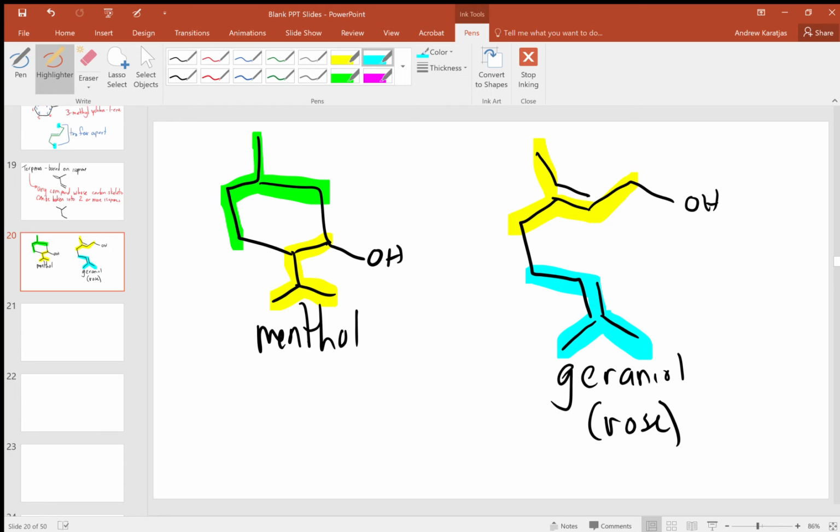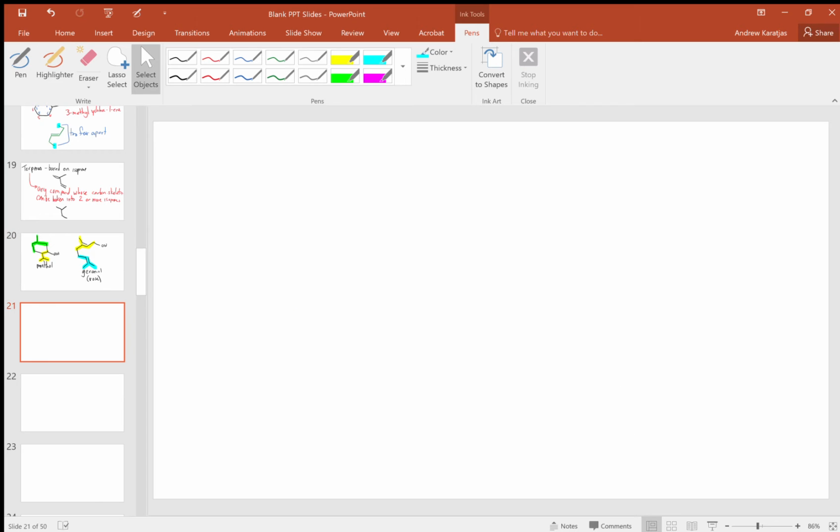In this case, we do have some alkenes, but still, the entire carbon skeleton of this molecule is these isoprene units. And it can be as simple as molecules like menthol or geraniol, which are just 2 isoprenes put together, or we can have a very complicated molecule that's a whole bunch of isoprenes.